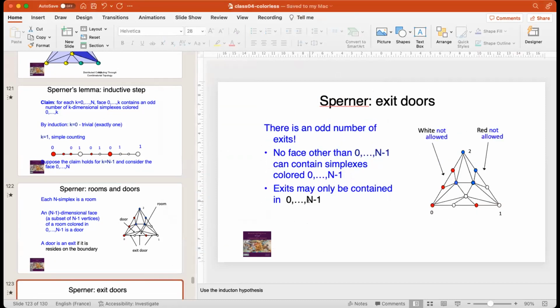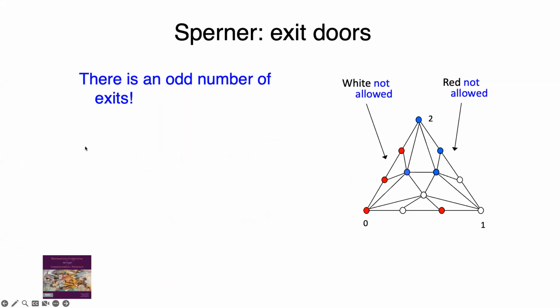So the final statement, the inductive statement, is that there's an odd number of exits, because all other proper faces of the subdivided simplex have no doors, by the properties of Sperner coloring.